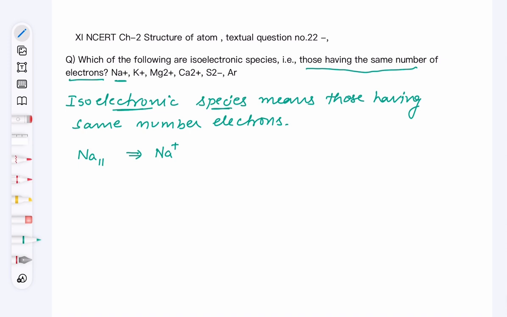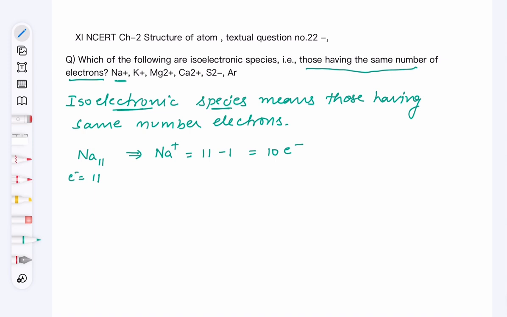In sodium the number of electrons is 11, but what is the number of electrons in the sodium ion and how do you find out? This would be 11 minus 1, because you have a 1 plus sign. It loses 1 electron, so finally it has 10 electrons.